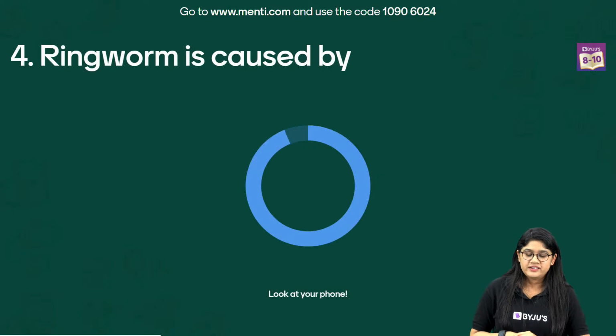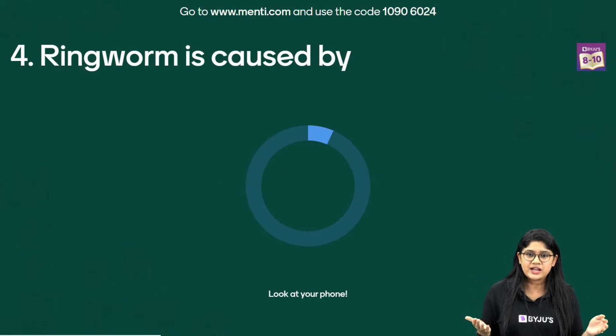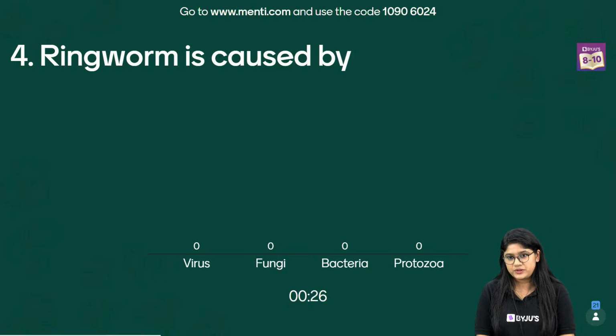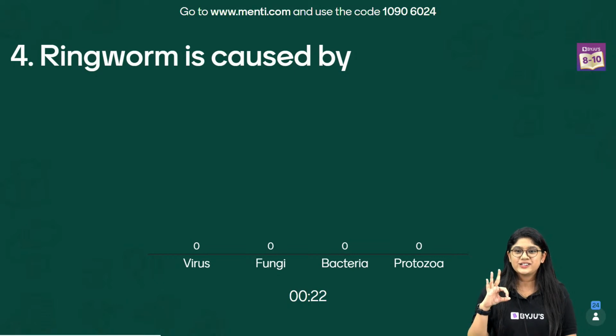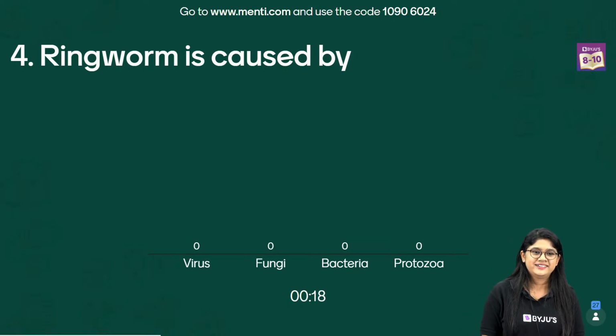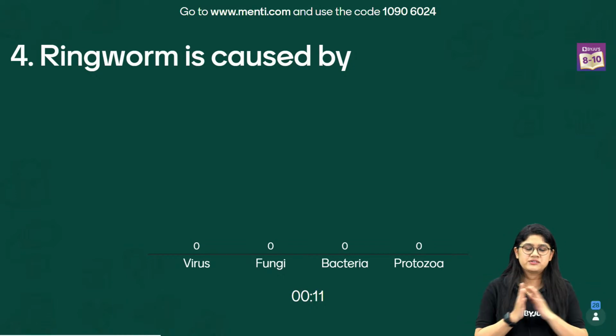Let's see this question. Again, a very interesting question: ringworm is caused by virus, fungi, bacteria, or protozoa. Super interesting and super easy, right? I can see a lot of you in the YouTube chat box and can see your comments.